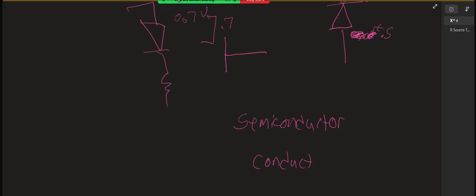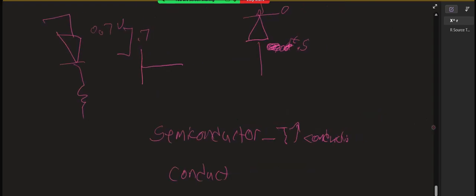With a regular conductor, the hotter you get, the worse it conducts. There have been questions on this on previous tests. So semiconductor, as temperature goes up, conduction goes up. Conductor, as temperature goes up, conduction goes down.